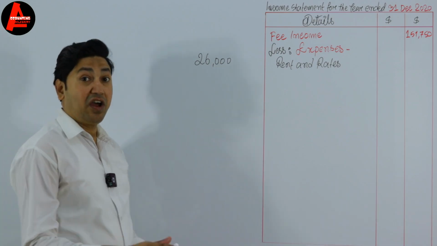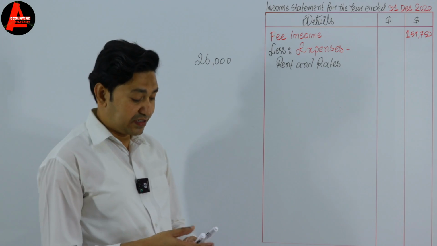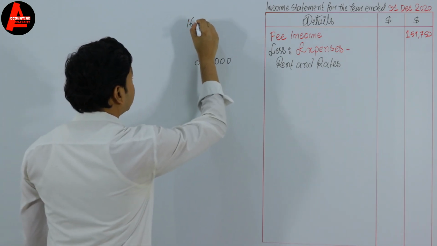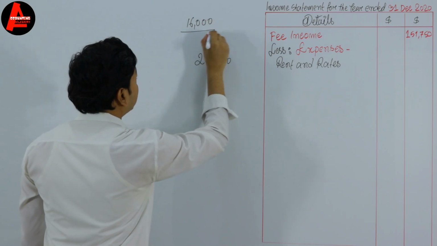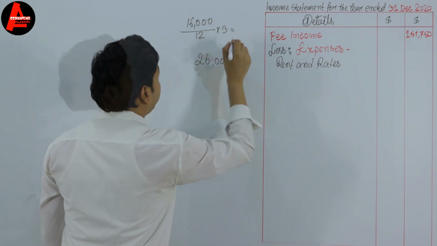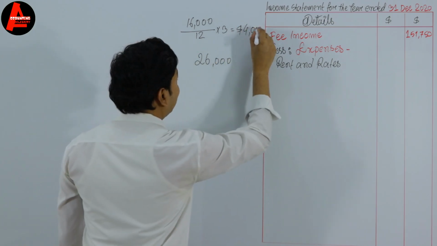The adjustment also mentions that the yearly rent is $16,000. So we will divide by 12 and multiply by 3, and we get $4,000.